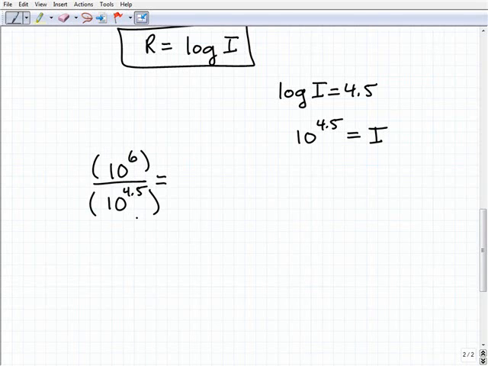I'll give you a moment; you might want to pause the video and calculate this. If you did this correctly, you'll get something on the order of 31.62. So what does that mean? It means our 6.0 earthquake on the Richter scale is about 31.62 times more intense than a 4.5.